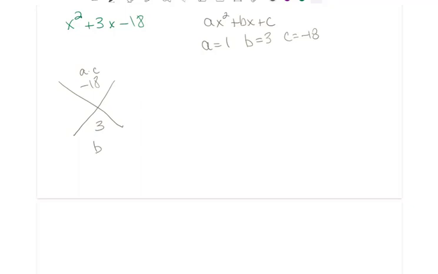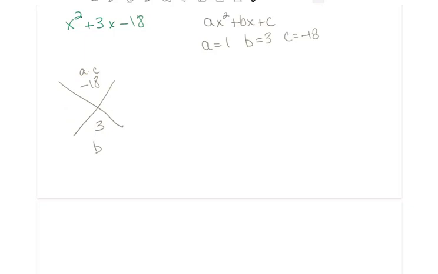So now we need to figure out the left and the right side of our x. Ultimately, we need to find values that when we multiply, we get negative 18. So I always start just with the sign, because I have to multiply in order to get a negative. So my numbers either have to be positive and positive, negative and negative, or one's got to be positive and the other one's got to be negative.